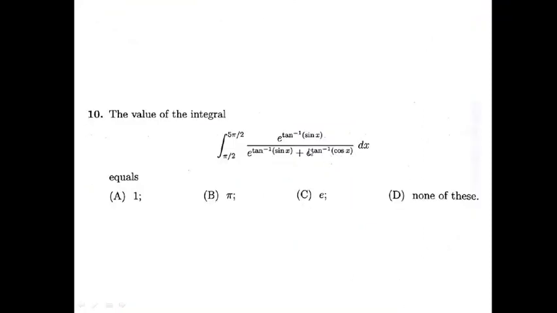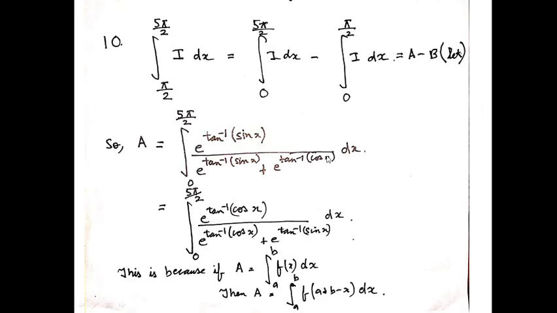Now you know that if a equals the integral of f(x) dx from a to b, then a also equals the integral from a to b of f(a plus b minus x) dx. This is a rule of integration.